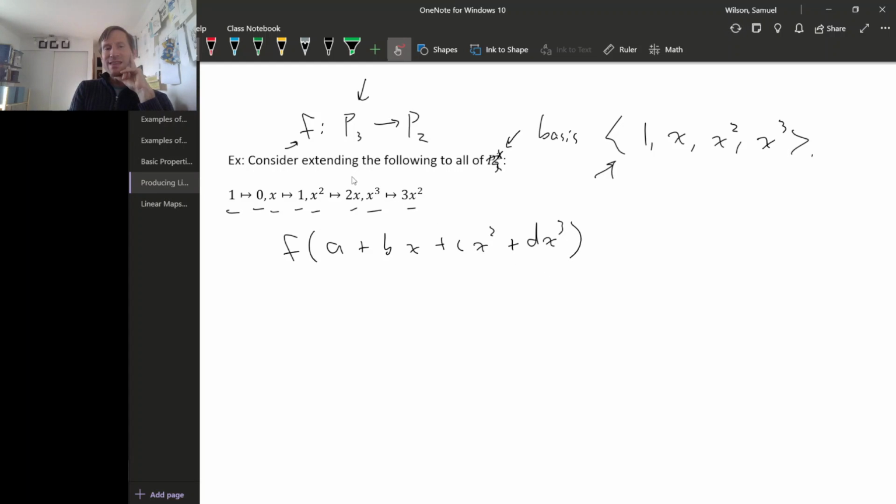Remember that the way that you extend a function on a basis to a linear map on the whole vector space is just by forcing the preservation of structure.